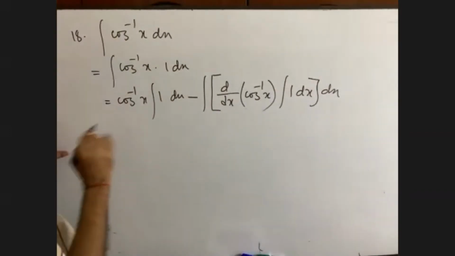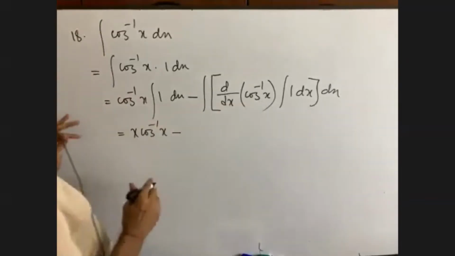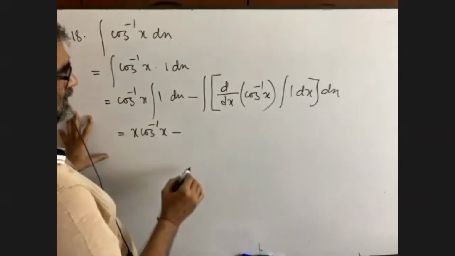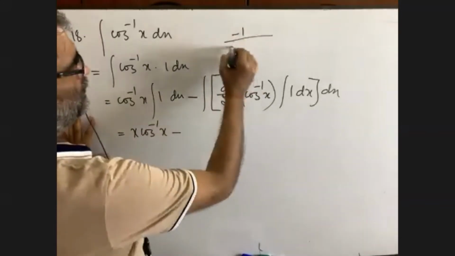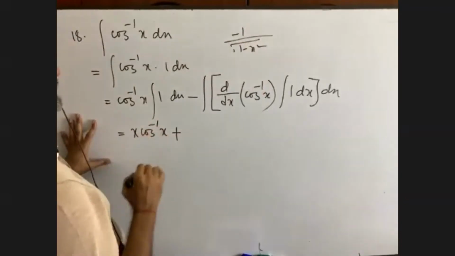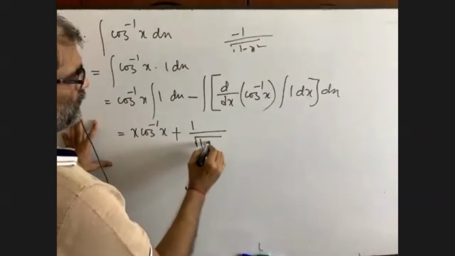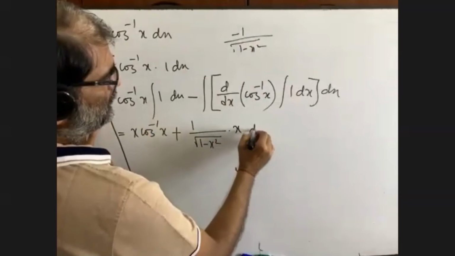Now let me know it is x, so we can write here x as it is. It is minus 1 by root over 1 minus x square, right? Its differentiation is minus 1 by root over 1 minus x square, minus minus plus. So 1 by root over 1 minus x square, x dx.